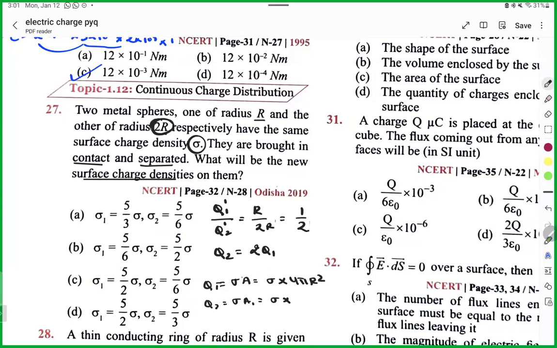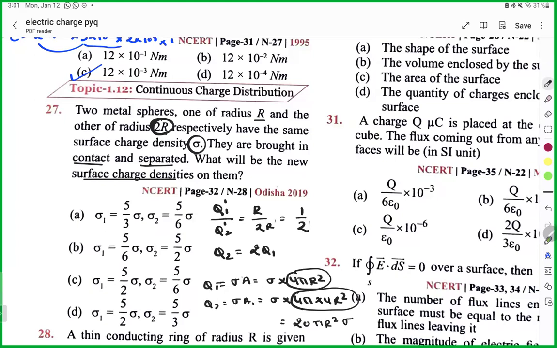Here you have 2r, so 4 pi into 4r square. So this is 4 pi r square sigma, and this is 16 pi r square sigma. What will be the total value? 16 plus 4, 20 pi r square sigma. This is the total charge.